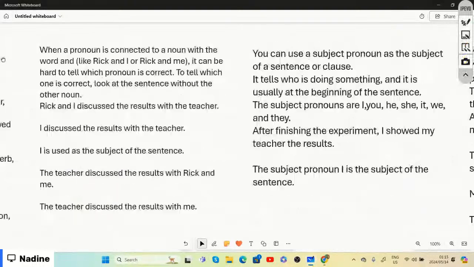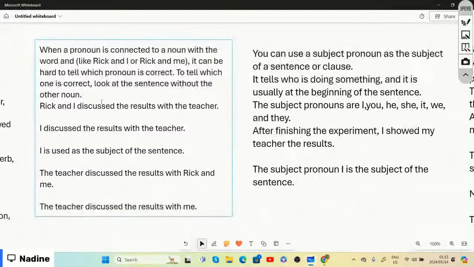All right, so now when the pronoun is again connected, right? If our pronoun is connected with words, like Rick and I, or Rick and me, then it can be hard to tell which pronoun is correct.